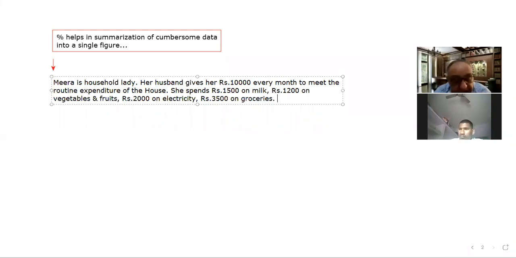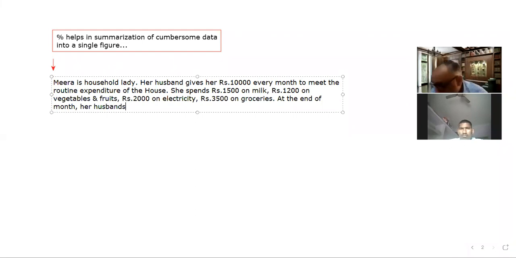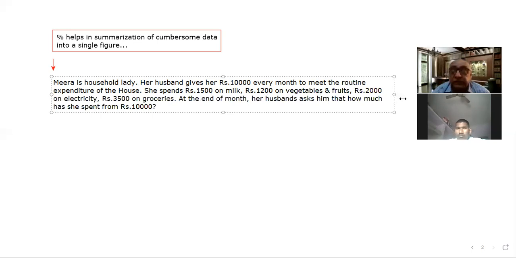Now the question is that at the end of the month, her husband asks how much money she has spent during the month out of rupees 10,000. So this is the question now.